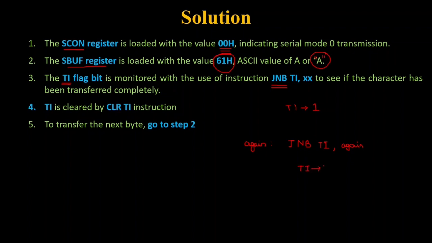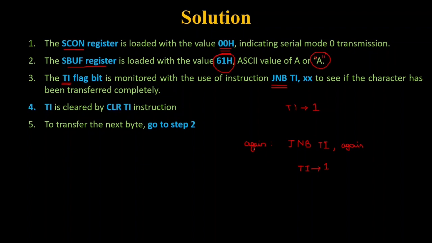When it identifies TI equal to 1, it is going to jump out of the loop. So why should we check TI? Because we have to confirm that the alphabet A is being transmitted using serial communication. The serial communication completes when you see that your TI bit is 1, right?